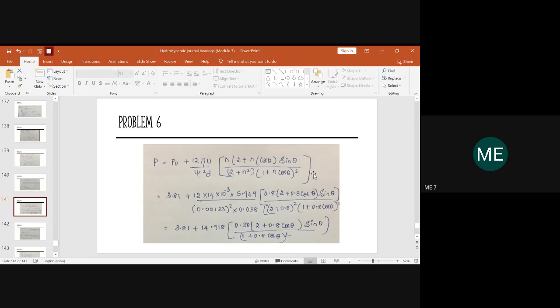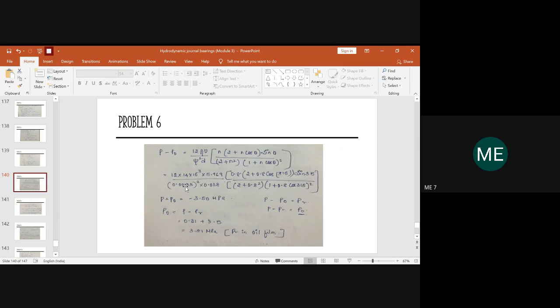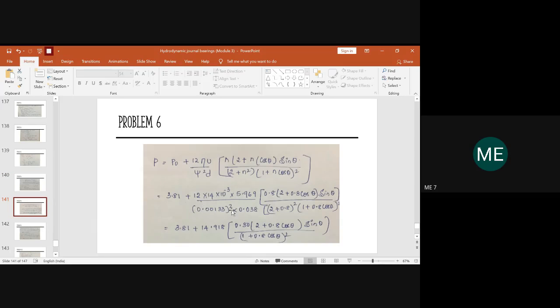So same equation. You will substitute the value of P naught as 3.81 plus 12. The mu value will also be the same, 14 into 10 raised to minus 3, into the U value you have calculated, 5.969, divided by the chi value, the diametrical clearance ratio. That value we have also calculated. Whatever you substituted before, you will write over here.